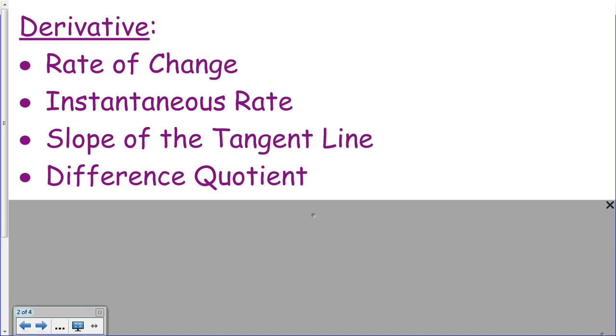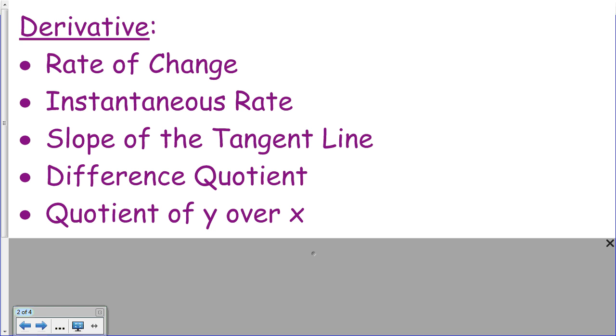And when we say it's a change in y, we're talking about subtracting those two values. The result of subtraction is called a difference. So the numerator is a difference, the denominator of your slope is a difference, and you're dividing those two, so you have a quotient of differences, or in other words, a difference quotient.